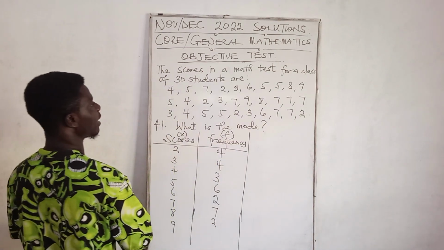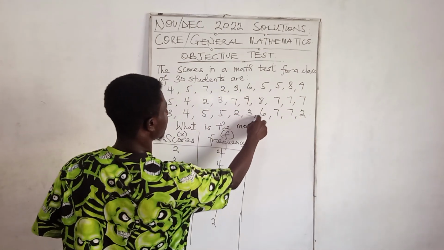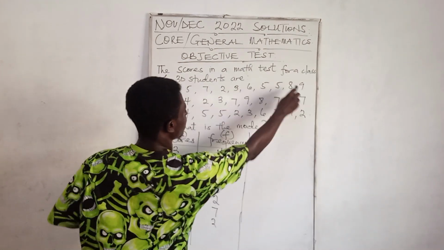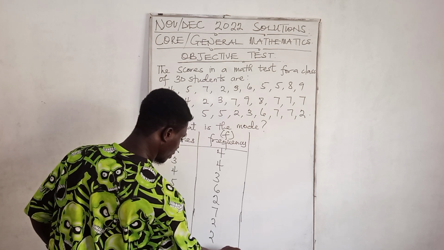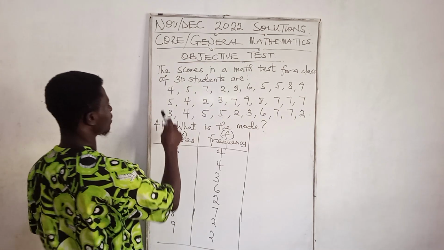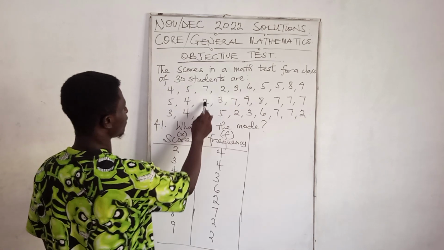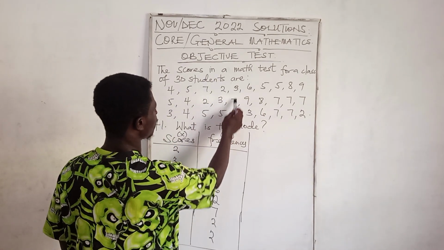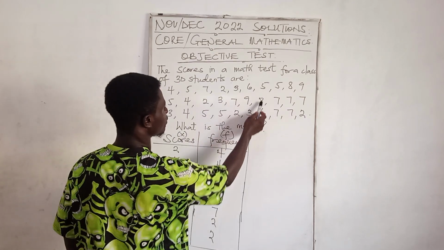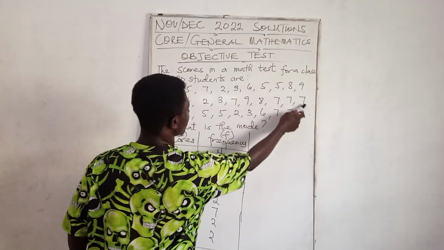Let's see for 9: 1, 2. So 2. Now let's count the frequencies and see whether we will get 30. 1, 2, 3, 4, 5, 6, 7, 8, 9, 10, 11, up to 30.